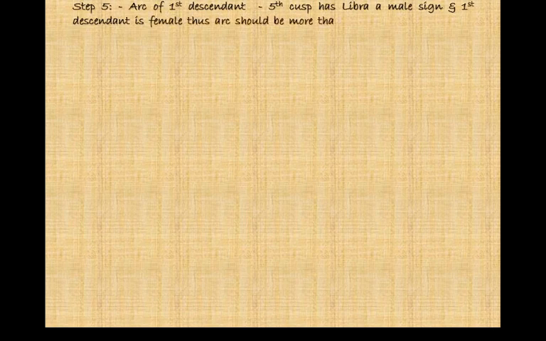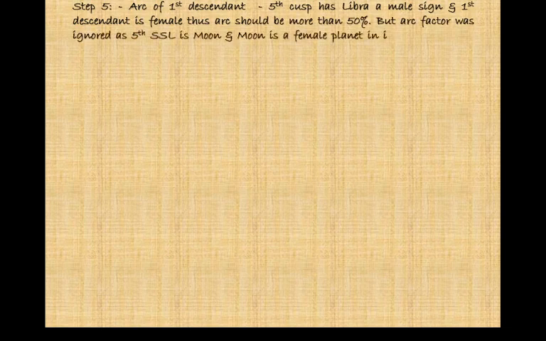Let's move to the 5th step of birth time rectification, that's arc of first descendant. 5th cusp is connected to first descendant, and 5th cusp has Libra, and Libra happens to be a male sign. And this step was ignored.